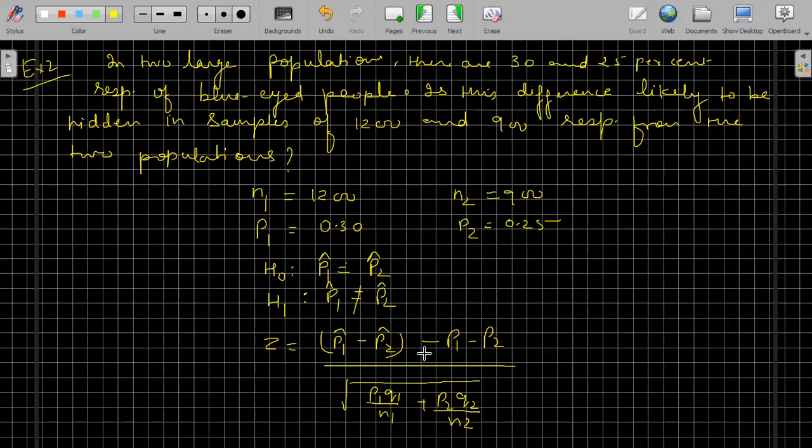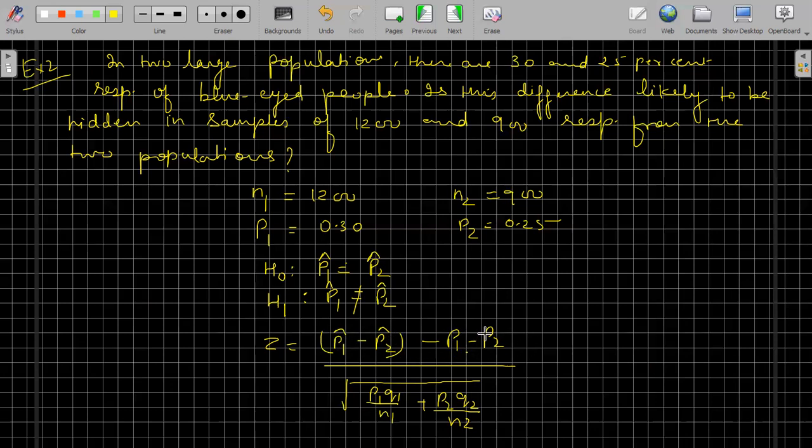So this value of P1 minus P2, जब भी ऐसी सिचुएशन आती है, whenever we are asked whether the sample information has a difference between the proportions, we put the hypothesis about the sample proportions. And this value is kept because this value is always 0.